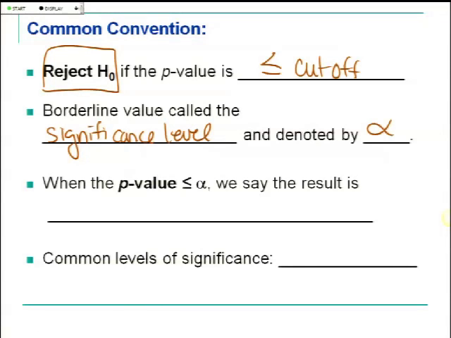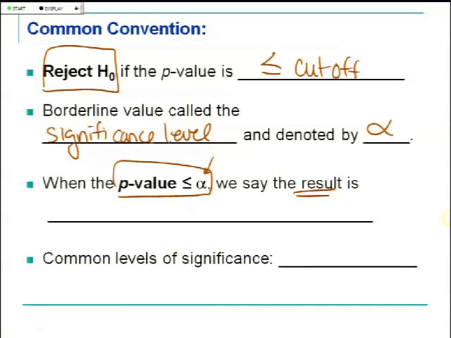And our new Greek letter to represent that level is alpha. If the p-value is small, you reject the null. If the p-value is small enough, how small? Less than or equal to some number that you pick up front. Usually you pick about 5%, kind of like that 95% level of confidence.